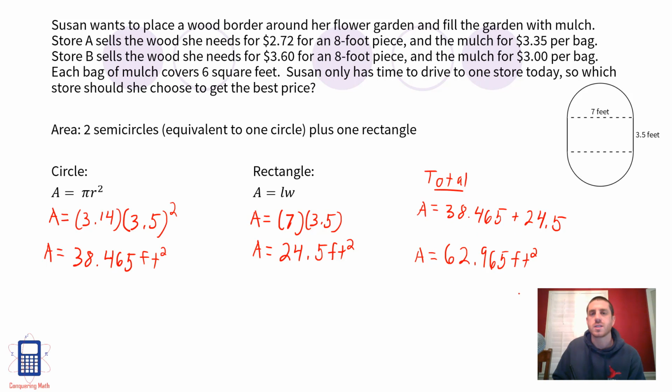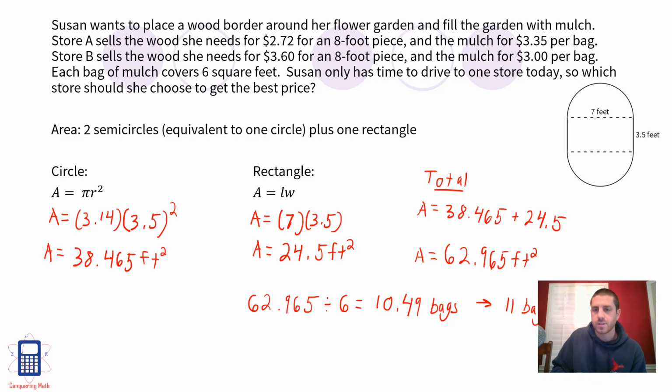Now that's great, but she needs to know how much mulch to buy. So if we go back and look in the problem, it says that each bag of mulch will cover 6 square feet. So once again, we're going to divide 62.965 square feet divided by 6 square feet per bag gives 10.49, I rounded a little bit, 10.49 bags, and she can't buy part of a bag, so she'll have to buy 11 bags of mulch to have enough.